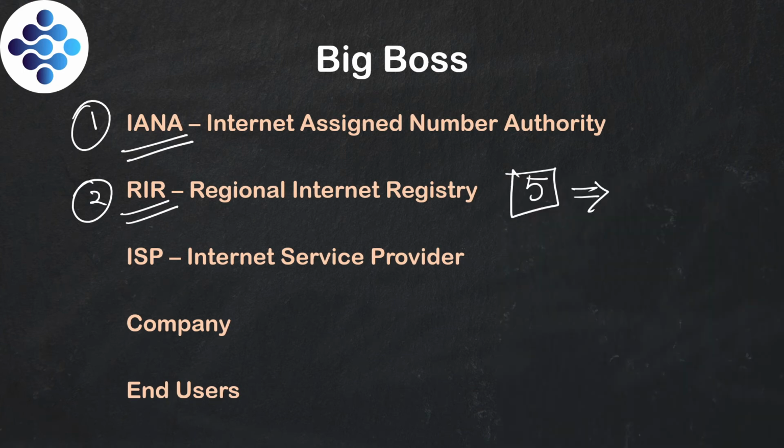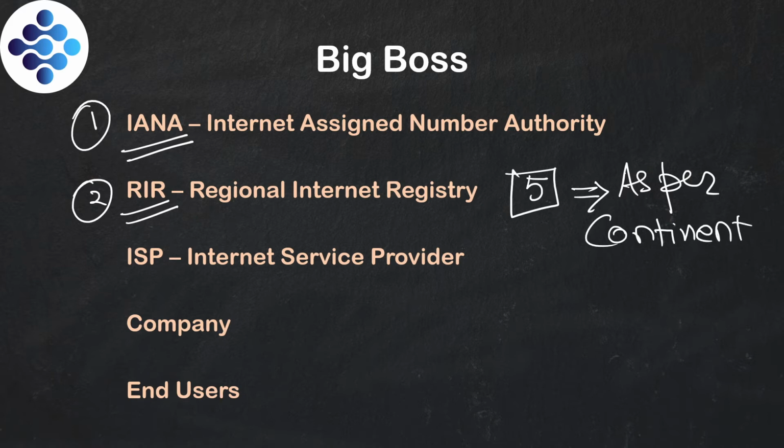So that means they are as per continent. As per continent, they are spread across. Now they will be giving IP addresses to service providers, internet service providers. Service providers will give it to various companies, and those companies will give IP addresses to end users.